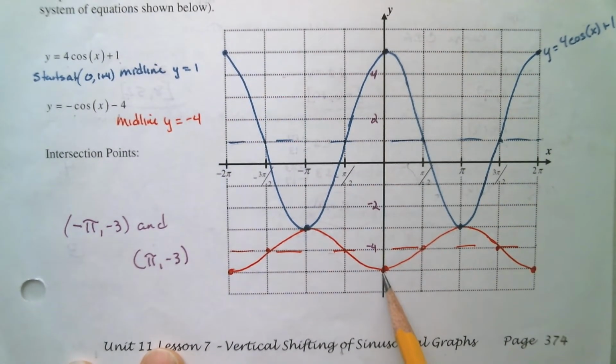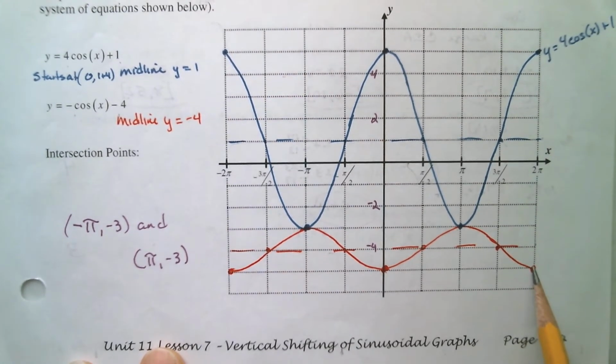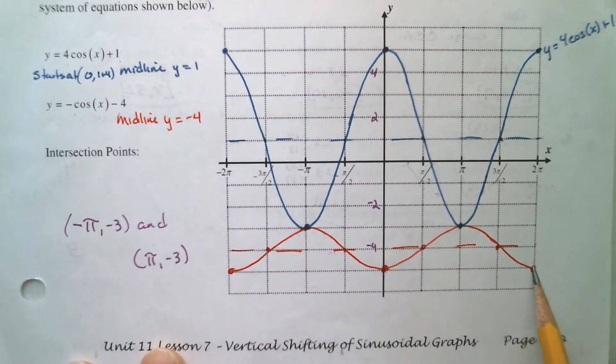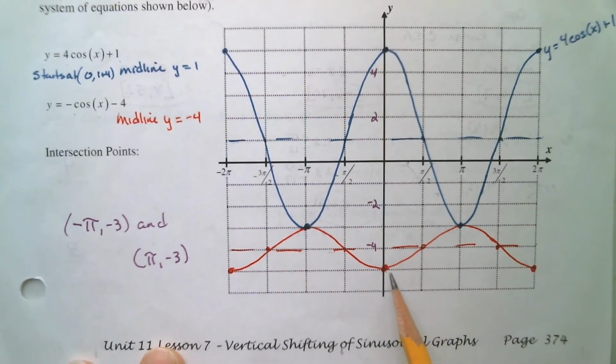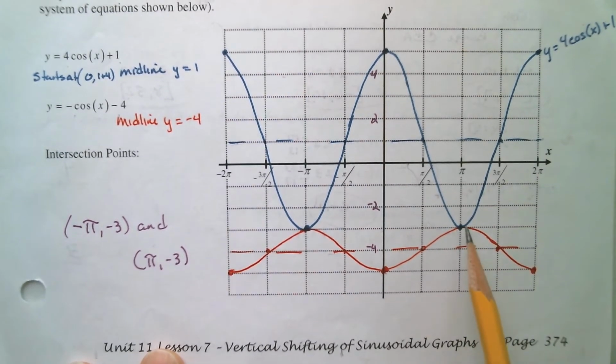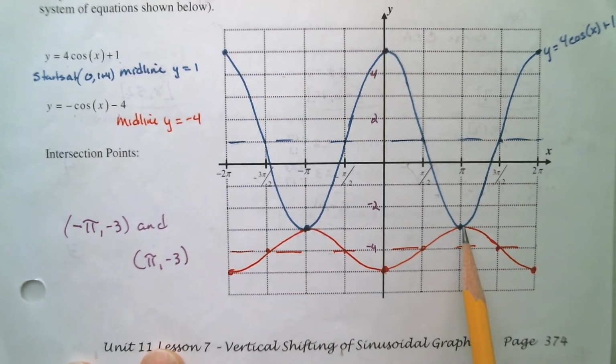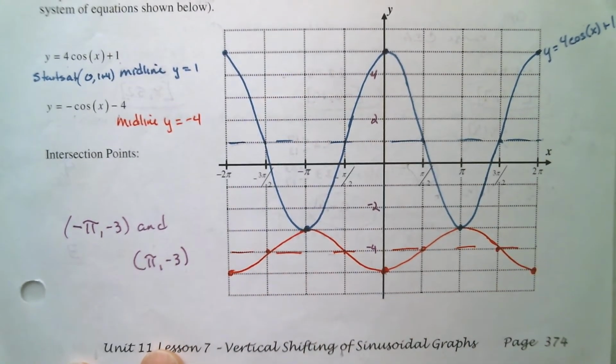So this is the min. At 2 pi, it's at that same min. In this case, negative 5. And midway between 0 and 2 pi radians, at pi radians, it will be 1 above the midline. So it will be at its max. And the two graphs intersect at these 2 points as stated before.